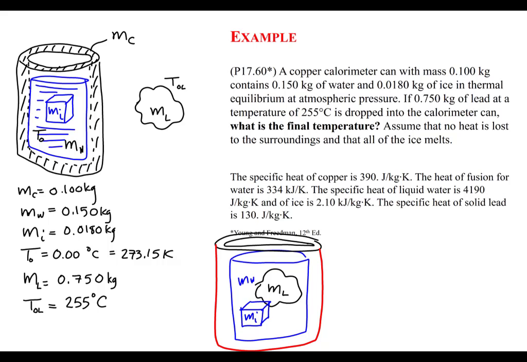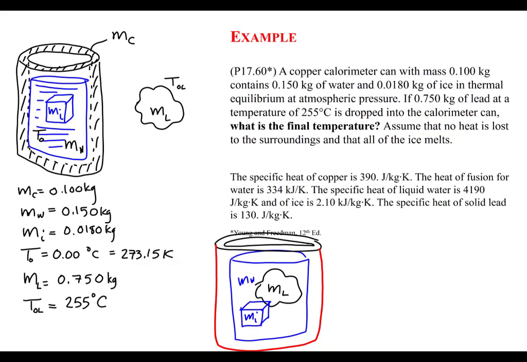So the lead is at a significantly higher temperature than the ice-water mixture. Also, the lead is significantly more massive than the ice-water mixture. So let's assume that the ice is all going to melt because it is not a lot of mass.